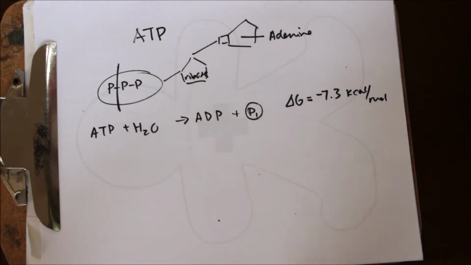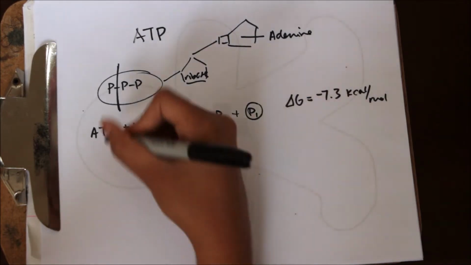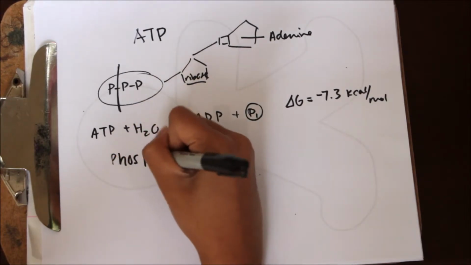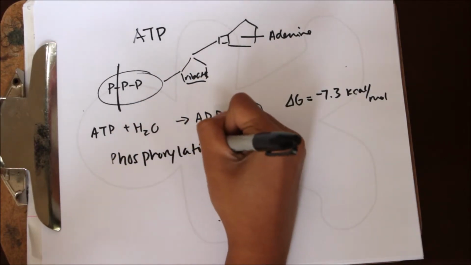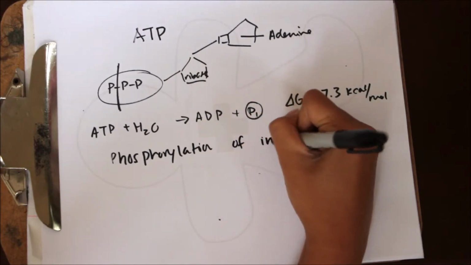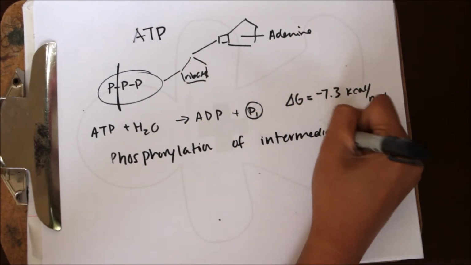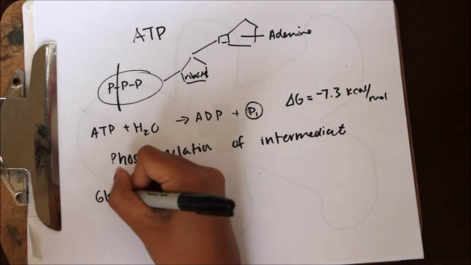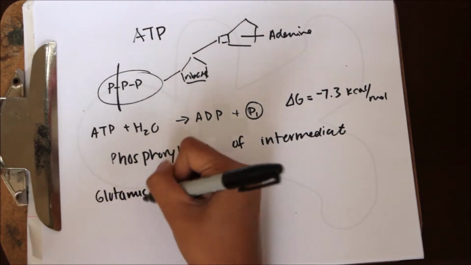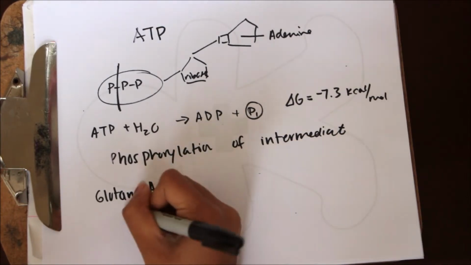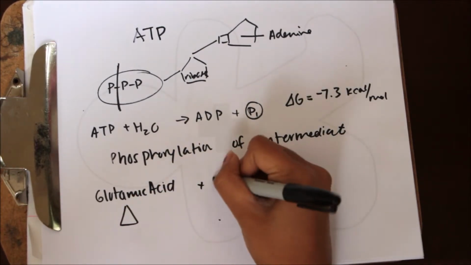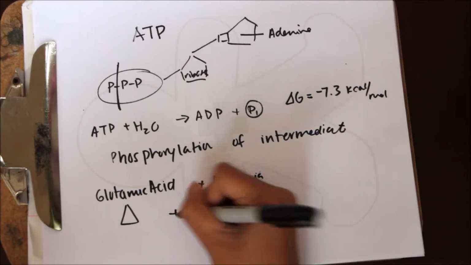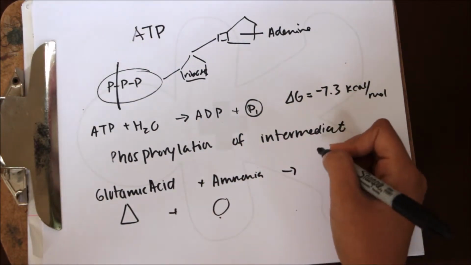To explain this, we're going to look at what phosphorylating an intermediate means. The example we're going to look at is glutamic acid, which we'll represent with a triangle, combining with ammonia, which we'll say is a circle, resulting in glutamine.